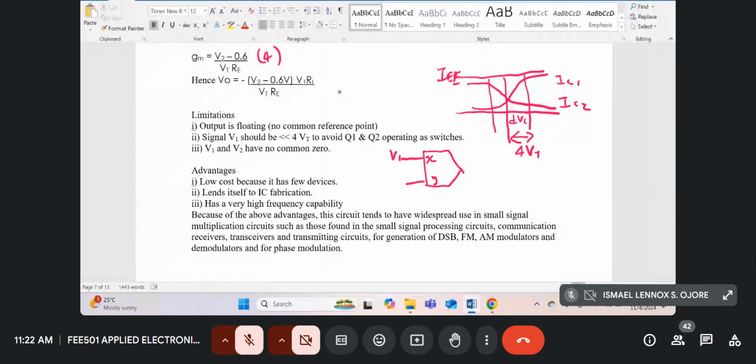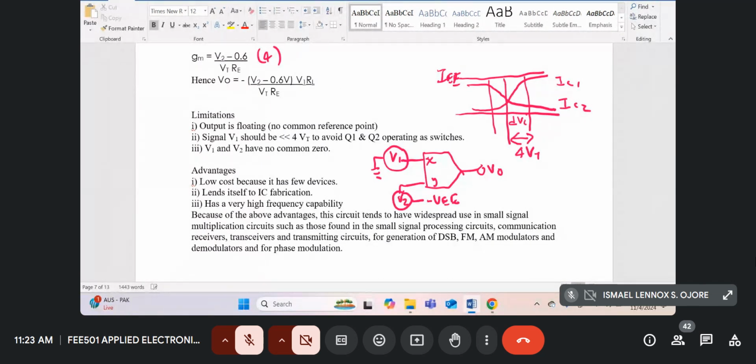So V1 is actually connected towards the ground. But V2 is connected to minus VEE. And the output, V0, is floating. There's no connection. It's actually floating. It's not connected with respect to the ground.